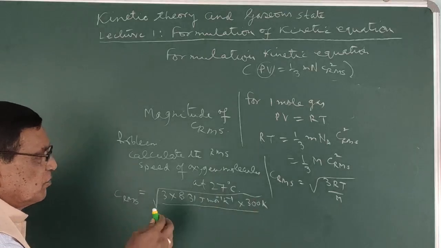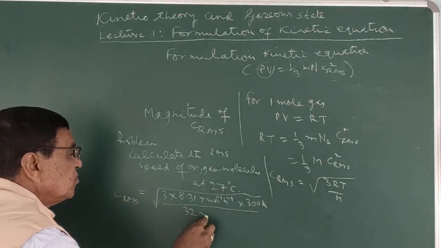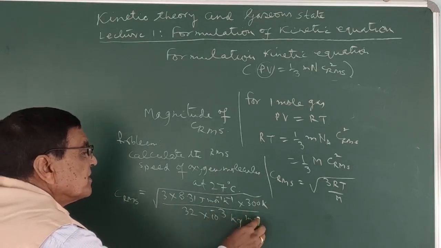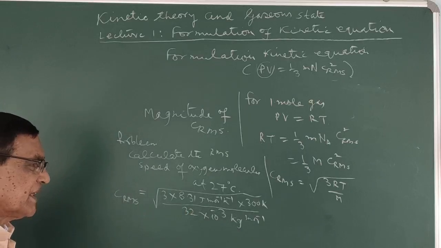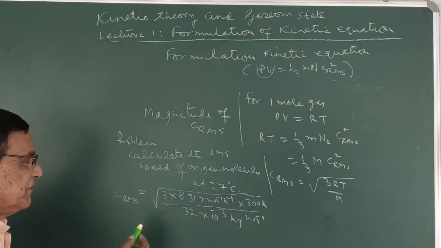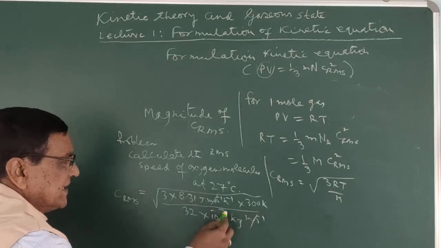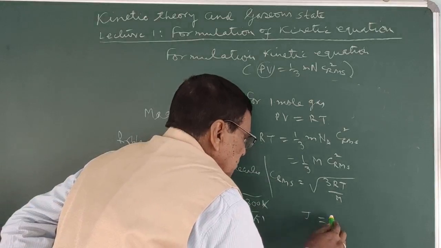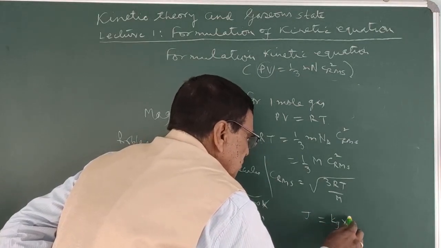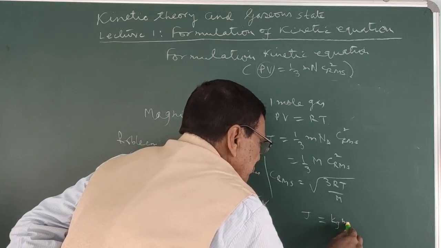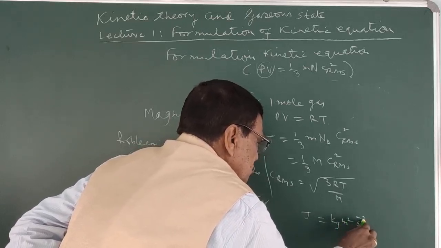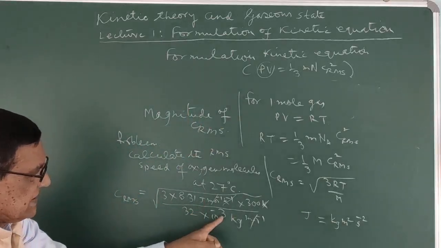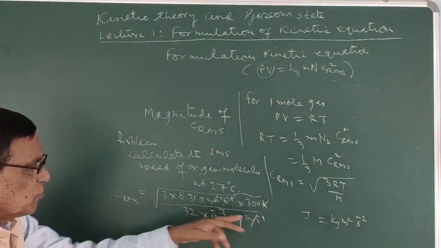Whenever we put this R in joule SI unit, then M for oxygen, the molar mass of oxygen, is 32 into 10 to the power minus 3 kg mole inverse. Kg is to be put in SI unit. The mole inverse cancels, Kelvin inverse Kelvin cancels, and joule equals kg meter square second inverse, so kg cancels, and root over m square.